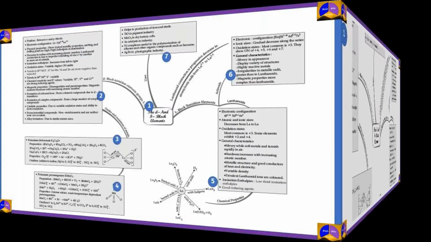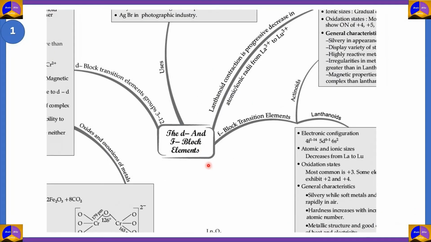The chapter that we're dealing with is the D and F block elements. So when we're talking about the D and F block elements, we'll be essentially dealing with the middle elements of the periodic table. To the left, the first two groups were those of alkali earth metals, the S block elements.